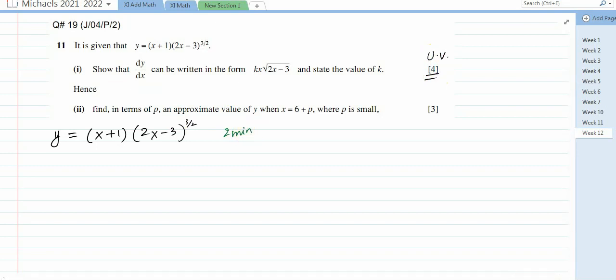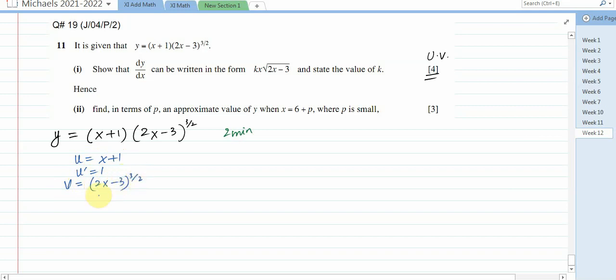Alright, before starting we need to assign u and v here. So u is x plus 1, u dash is 1, v is (2x minus 3) to the power 3 upon 2, and now we need to find v dash. First we write down the power, 3 upon 2, (2x minus 3) to the power 3 upon 2 minus 1.